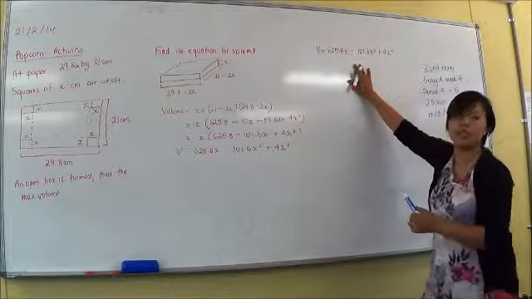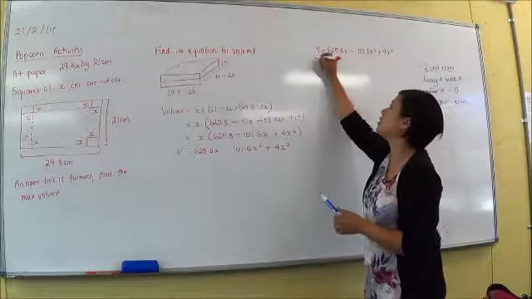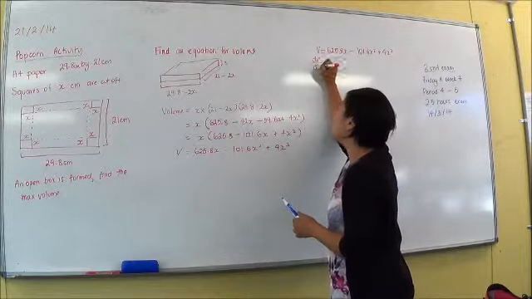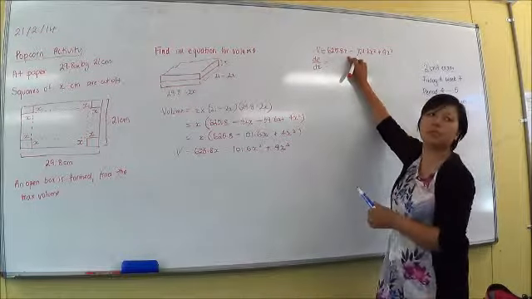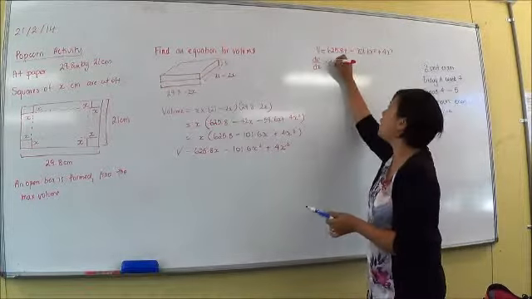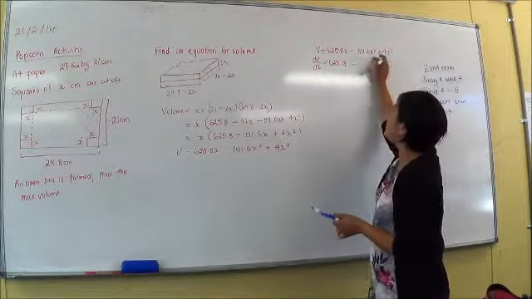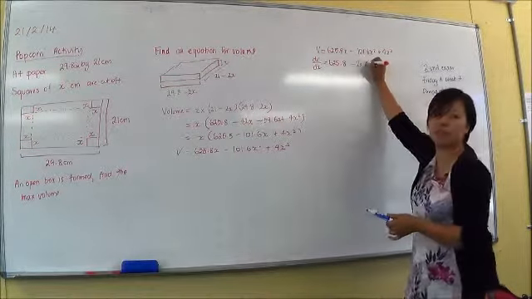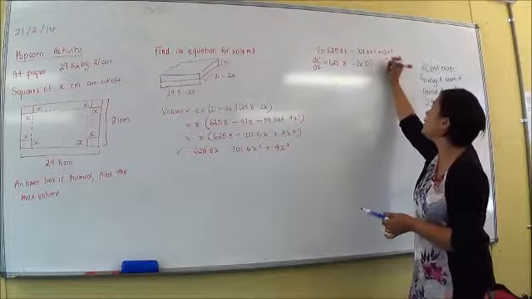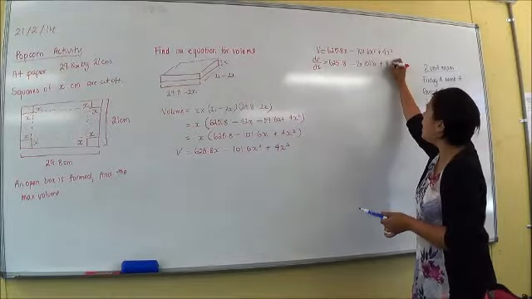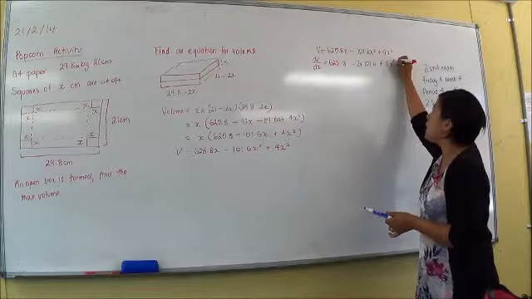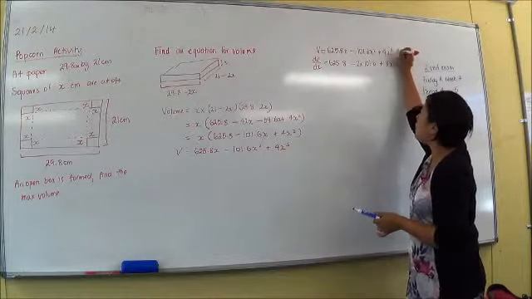Okay, so differentiating this, dV/dx is just going to be 625.8 minus 2 times 101.6x plus 8 times, well that's x cubed, so 8 times x squared.